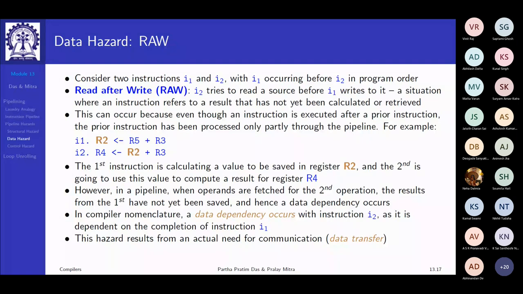So if these two instructions are consecutive, then in terms of time, I2 will read R2 before I1 has written R2. So this is basically a data dependency problem or a communication problem. The value that you wanted to communicate from I1 to I2 is getting into problem due to this hazardous data transfer. So that will have to be taken care of.